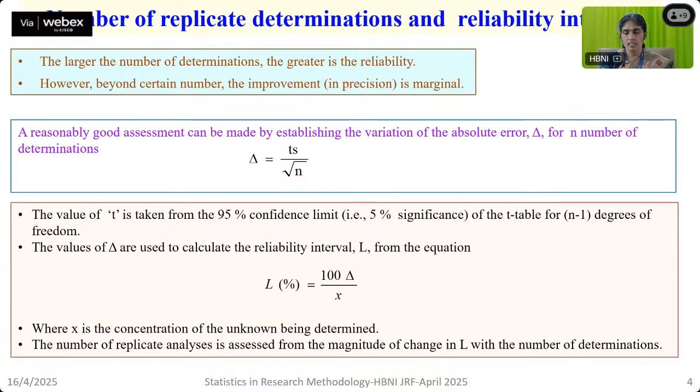So the larger the gain in the L value, the width of the bell-shaped curve or the Gaussian curve, the smaller the L value, the better is the precision. So one can assess the improvement in reliability by assessing the decrease in the L value. L values normally are represented in percentage.